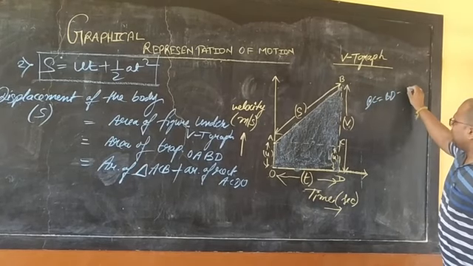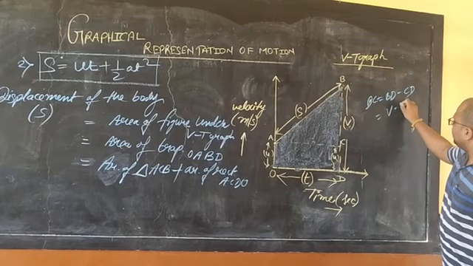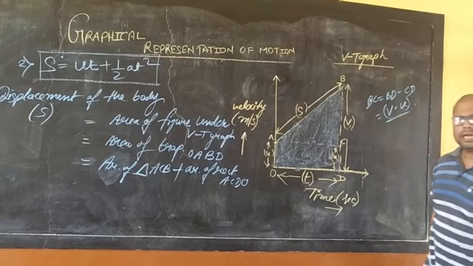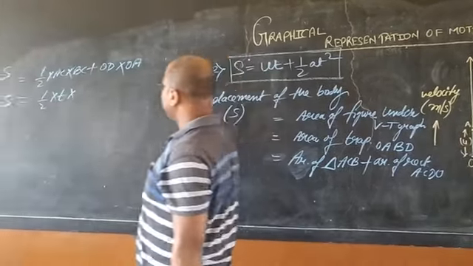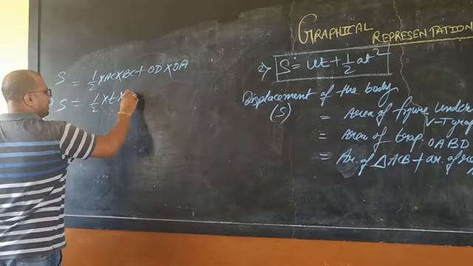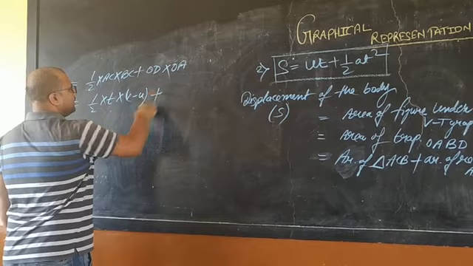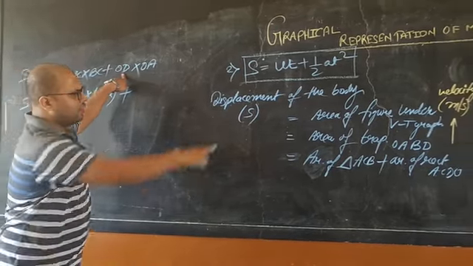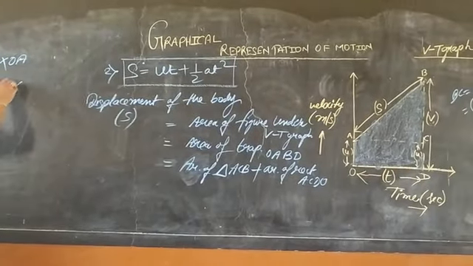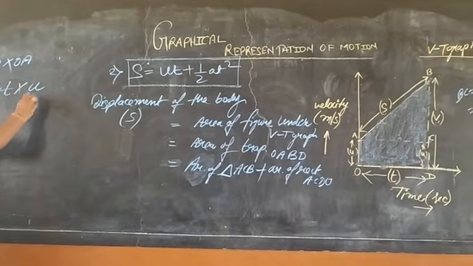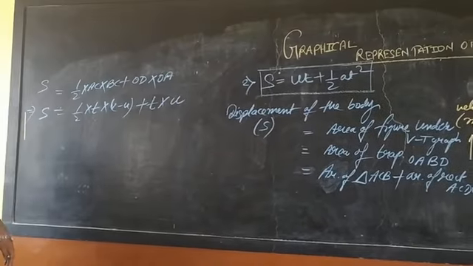BD minus CD. That is V minus U. Am I clear, students? So V minus U plus OD. OD is how much? T. And what is OA? That is U. Okay, students?